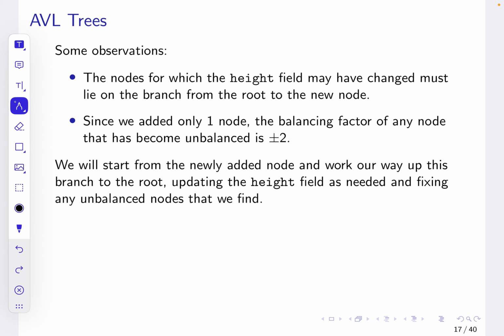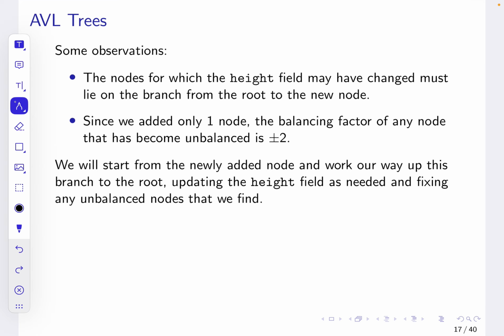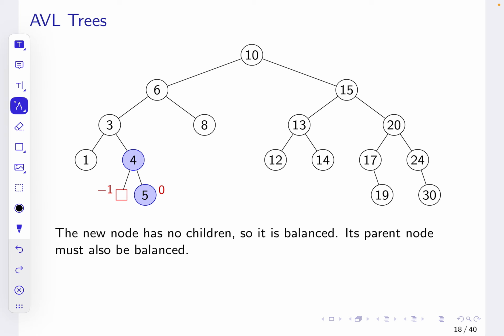So we're going to algorithmically update those heights, sort of formalizing the procedure that I just did of changing these values. We start at the node that we just inserted and move up the tree, updating the height field as needed. The new node has no children, so it's balanced.